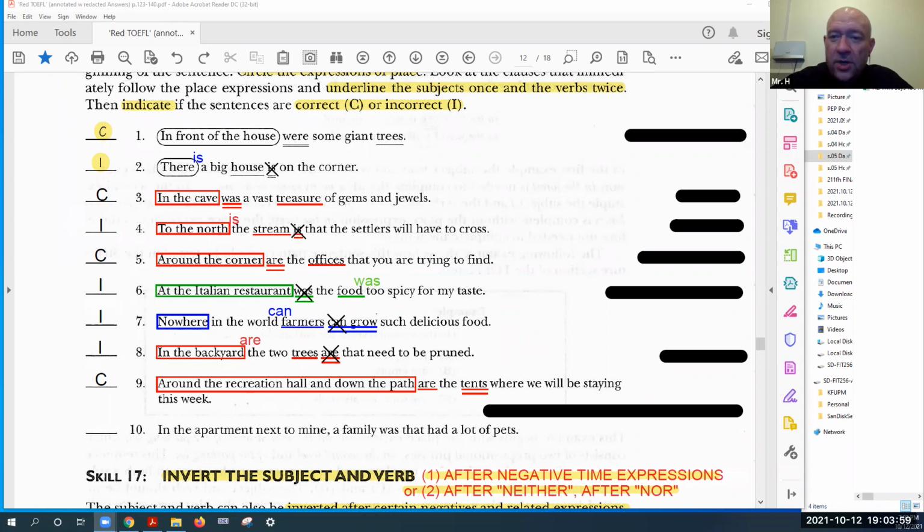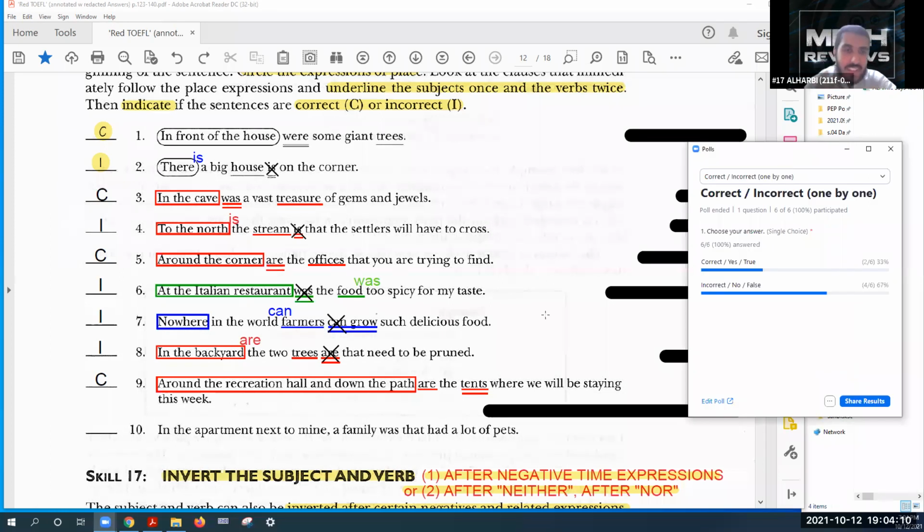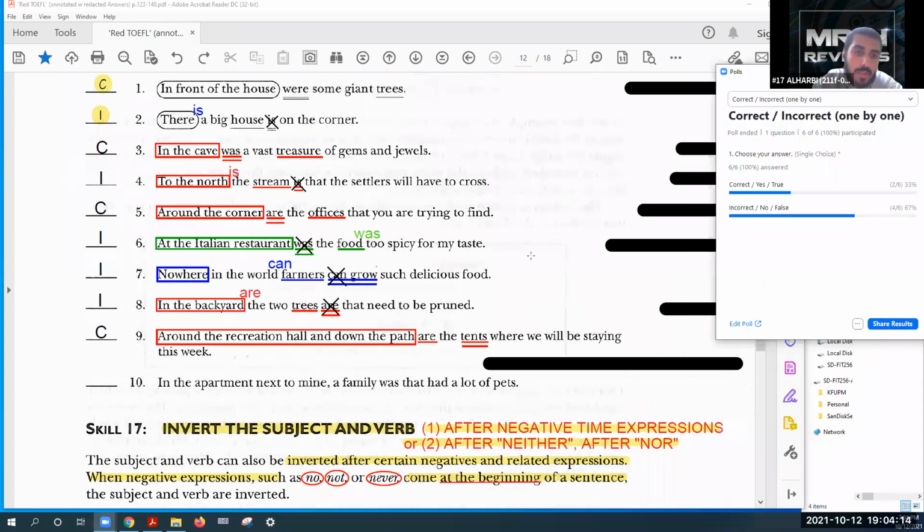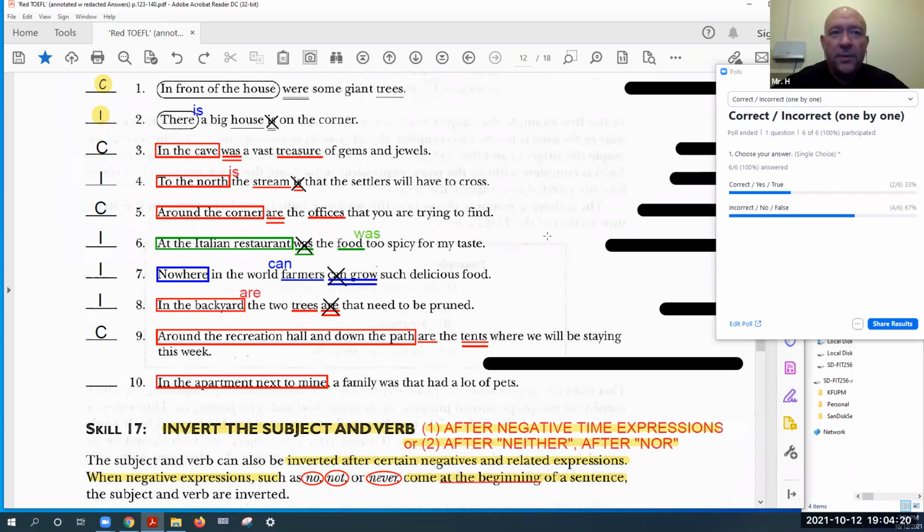Okay. So Harvey, I don't think Harvey explained anything. I'm gonna let him explain this one. All right. So in the apartment is the first place expression. That's right. In the apartment. Next to mine, in the apartment next to mine. Next is preposition or not?